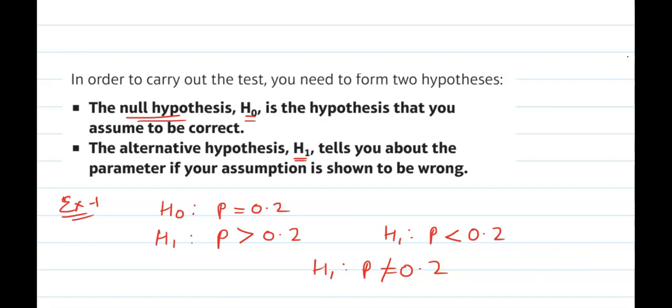On the basis of this, we finalize whether it is a left tail test, right tail test, or two tail test. So the null hypothesis always has an equal sign, and the alternative has a greater than, less than, or not equal to sign. We never put an equal sign with the alternative hypothesis. I hope this is clear.